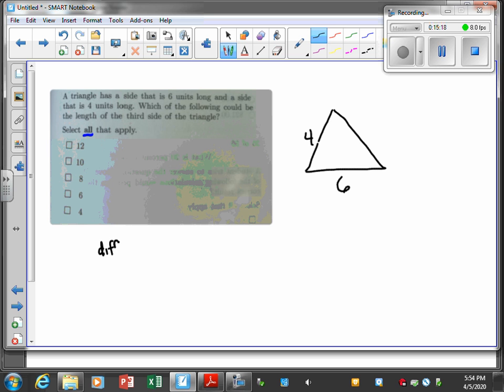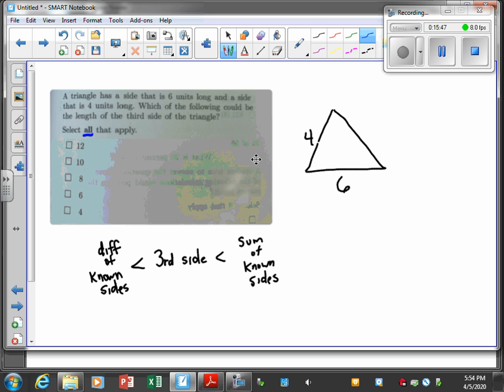The difference of the known sides, this is the triangle inequality theorem, must be less than the third side that we're looking for, which must be less than the sum of the known sides. Okay, that's our triangle inequality theorem.